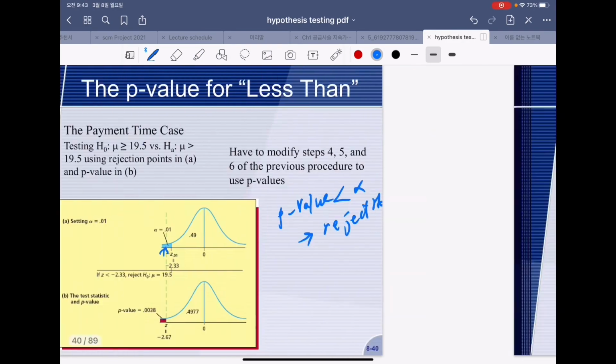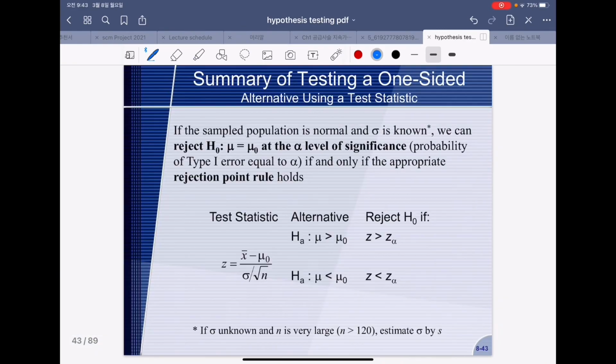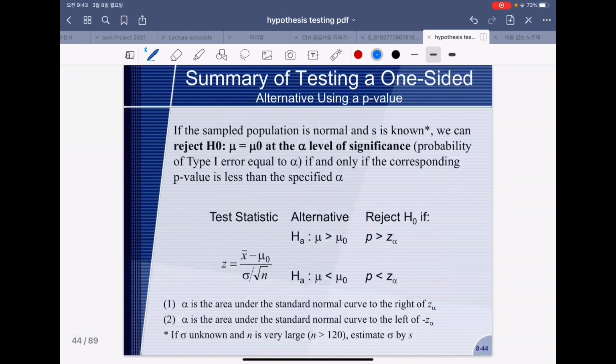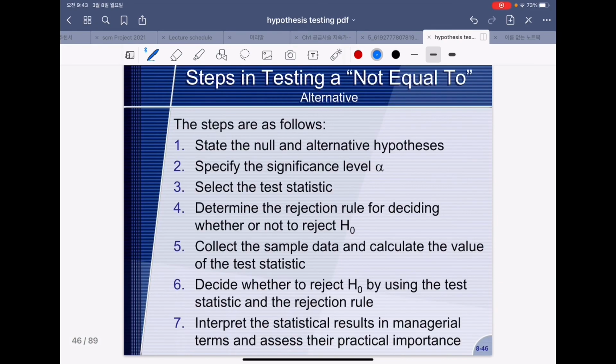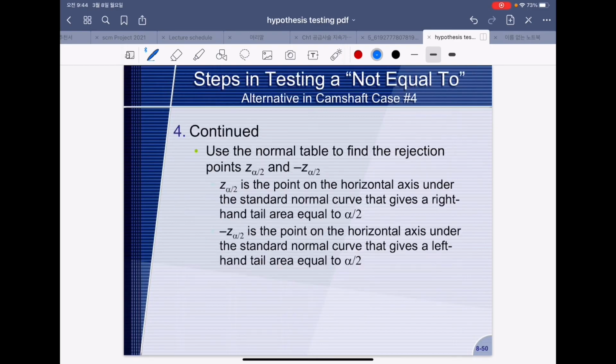Now let's go to another one. So if you have a not equal here, for example, you have a hypothesis like this, right? In this case, the rejection region is located at both sides of the curve.